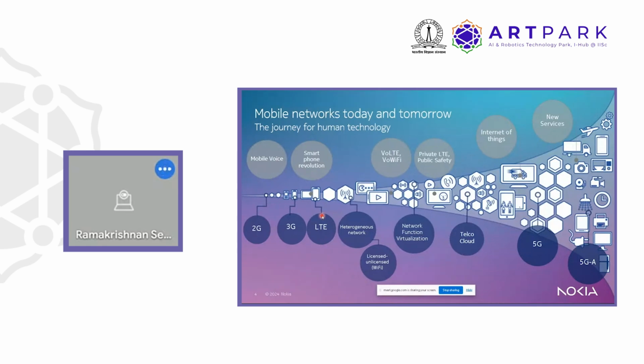TDD was primarily China and associated markets, and the rest of the markets were predominantly FDD 3G services. So LTE, when it came in, was looked at as an umbrella technology which could make an evolution path for all the existing 2G, 3G services.